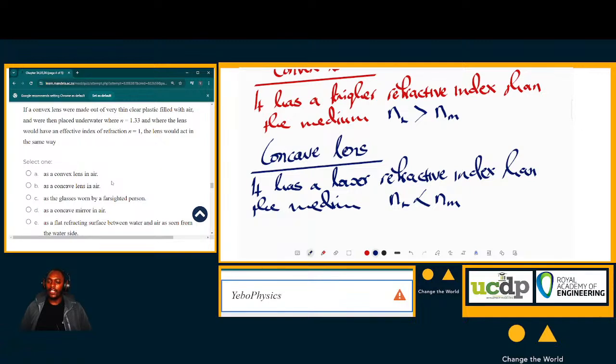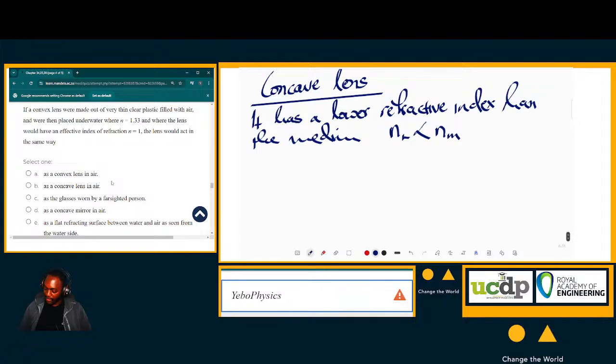Which means that the refractive index of the lens, n of the lens, is just 1.0. Then n for the medium, because it's in water, is 1.33. Therefore, the refractive index of the lens is less than the refractive index of the medium.